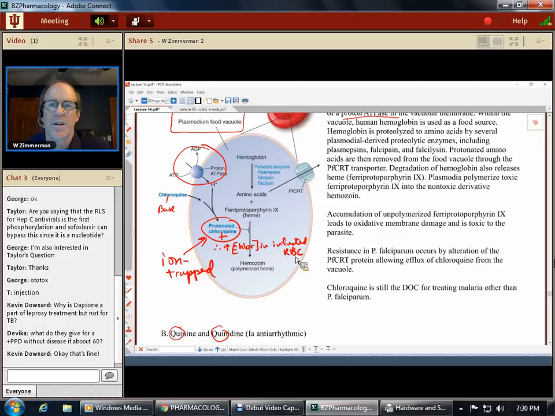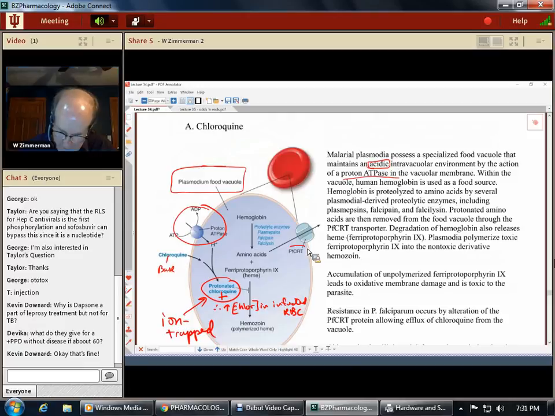But what is it that it does? These bugs love the hemoglobin, and they love the amino acids. And the amino acids get shunted out via this PFCRT.